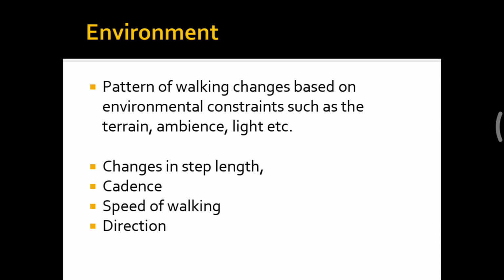So your gait, whatever you're seeing in a person, is the resultant of all the three factors coming in: the task requirement, the environmental requirement, and the internal body system, how it is helping it to be produced. So that completes the portion on normal control of gait.